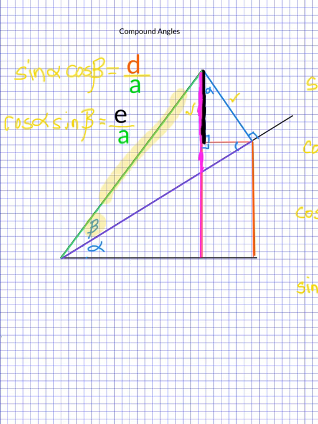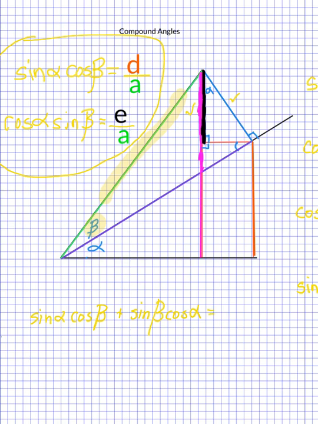Okay, I'm going to do something that might seem strange to you guys, but I'm actually going to add these two together just to see what I get. I'm going to get sine of alpha times the cos of beta, so sine of one angle times the cos of the other, plus the sine of the other times the cos of the first one. So sine alpha cos beta plus sine beta cos alpha.